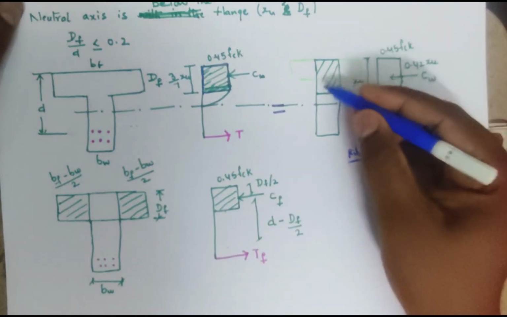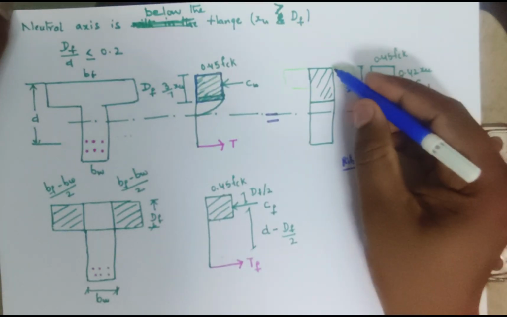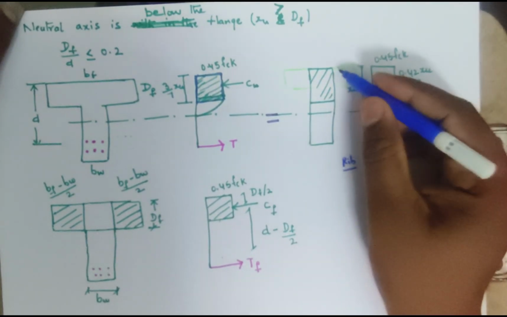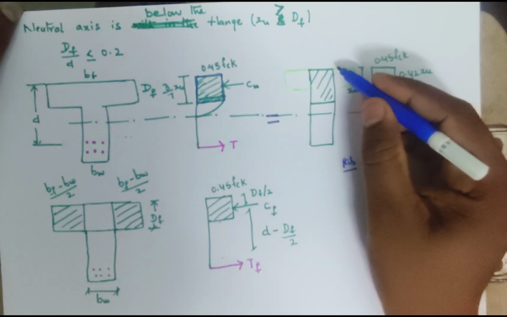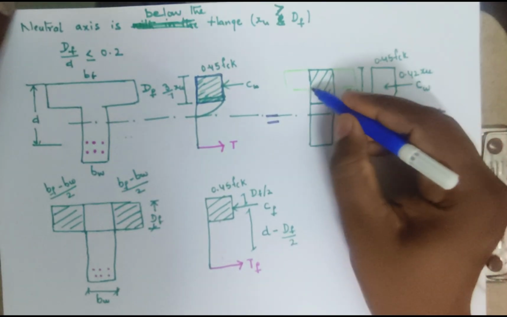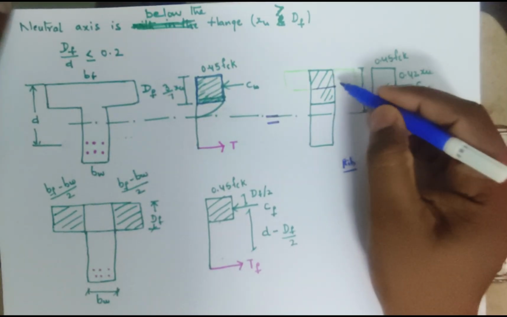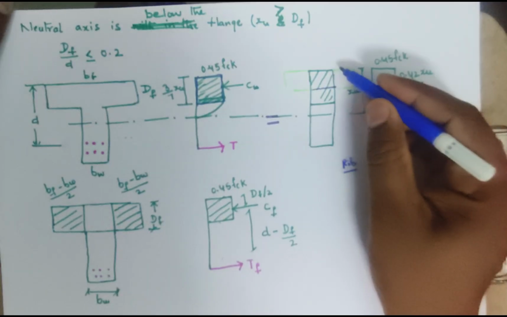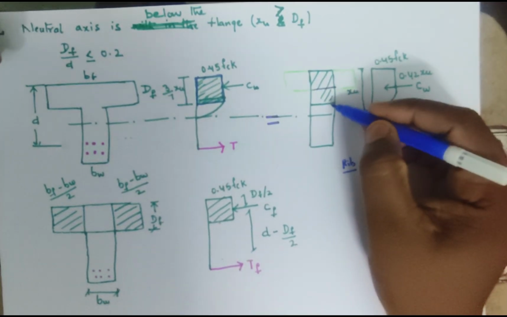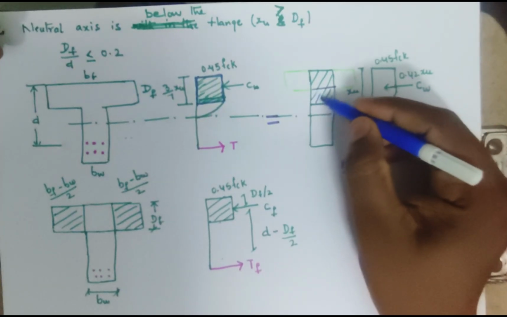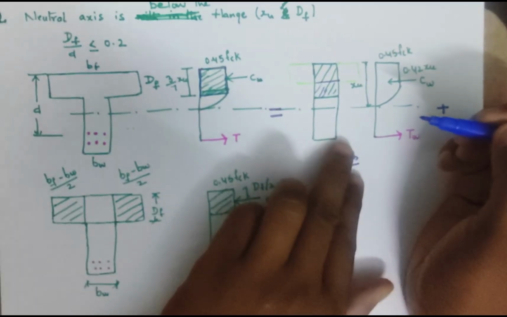Coming to the rib portion, see, now this is the rib. The complete flange is in the stress of 0.45 fck, and a certain portion below that flange is also having the stress of 0.45 fck. This is the complete portion, right?